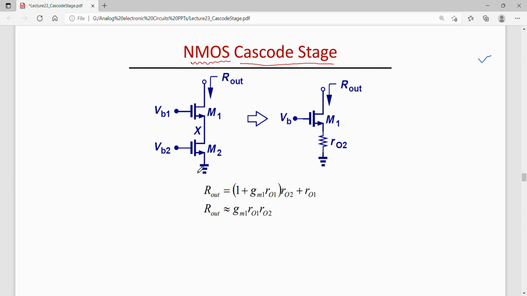So this is an NMOS cascode stage. In this NMOS cascode stage, again you will find this is acting as common emitter, and this M2 is acting as source degeneration. So the total output impedance can be found. In fact, it remains the same, similar to what we had calculated for a BJT based NPN cascode stage. So the output impedance remains the same.